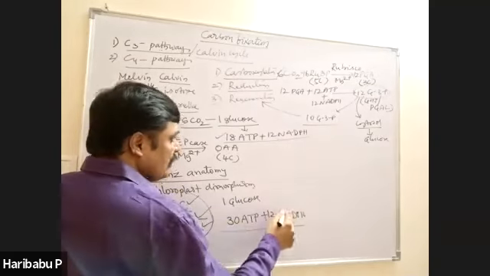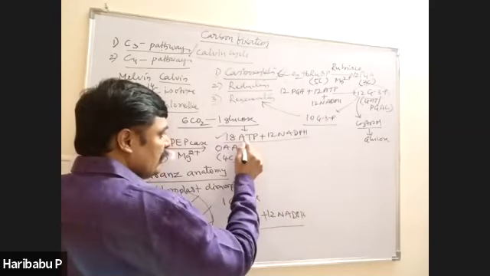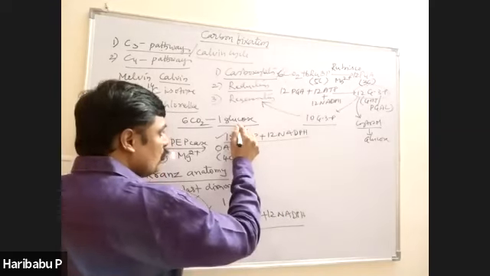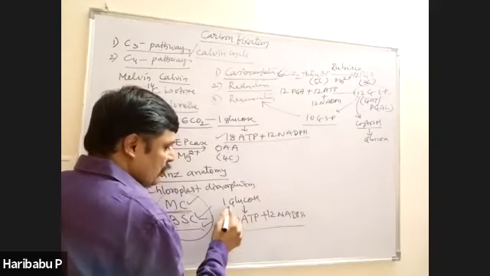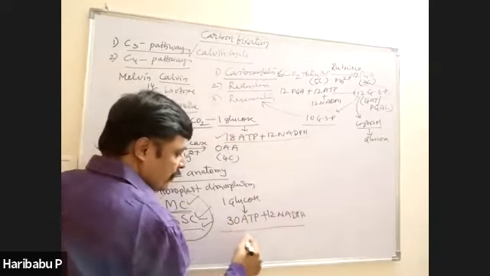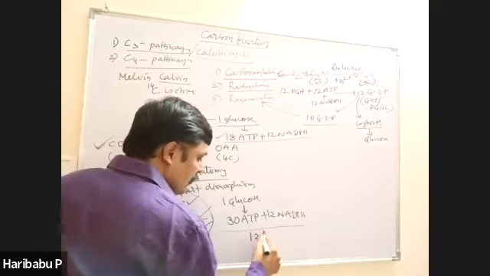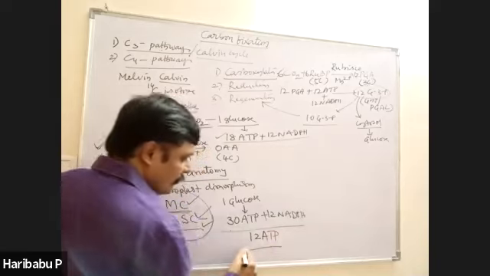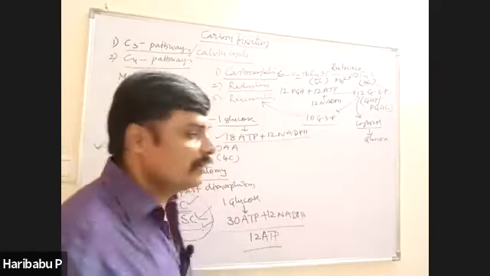NADPH utilization is the same in both C3 and C4 plants. But in C3 plants, for formation of 1 glucose, 18 ATP; here, for formation of 1 glucose, 30 ATP. That means C4 plants utilize 12 ATP extra for the same amount of food material, that is glucose.